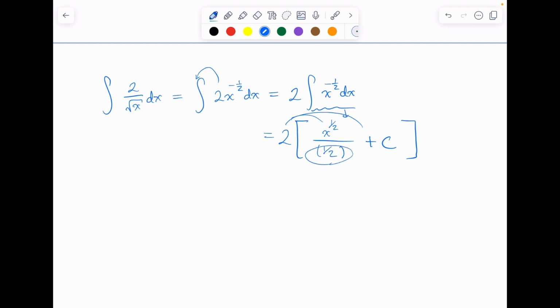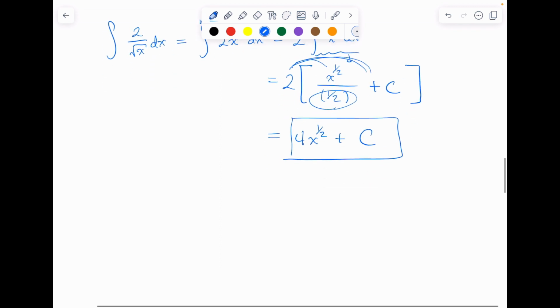And notice how this dividing by 1/2 turns into another 2. So we get 2 times 2 is 4, x to the 1/2. And then the 2 times the c just turns into an integration constant, right? 2 times a number we don't know is just another number we don't know, right? So it's just c. All right, let's do another one.